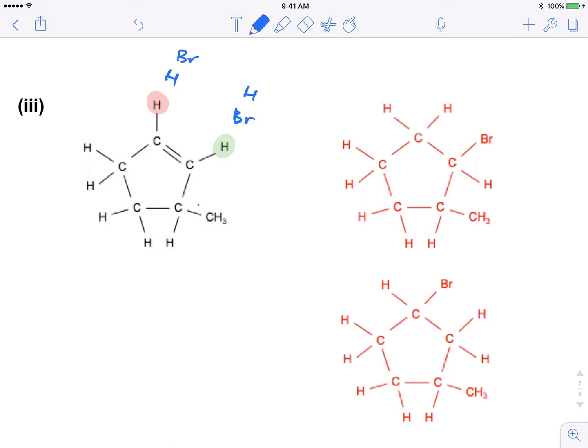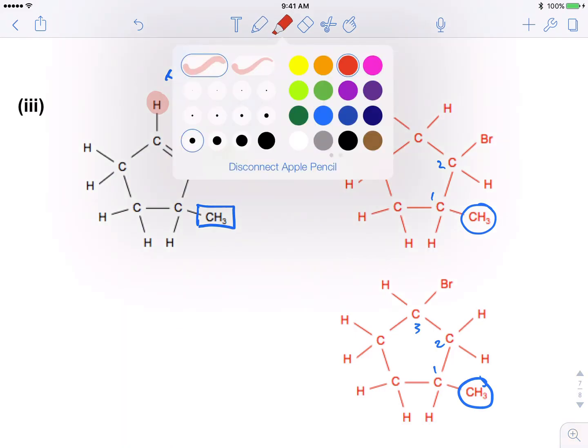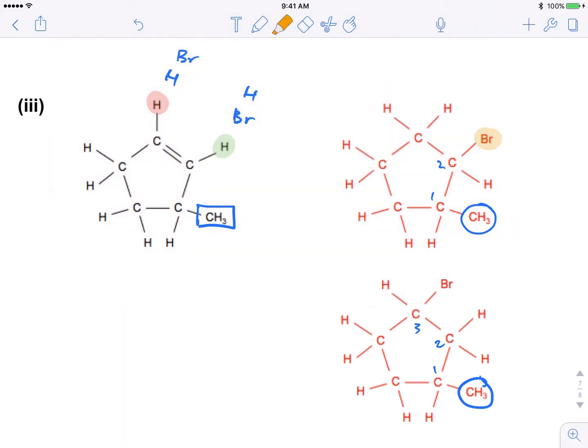Without the existence of this methyl group, actually they will be the same product. But since there's this methyl group, they are not the same. Here, the bromine group is 2 carbons away. Here, it is 3 carbons away. Therefore, they are not the same compound, and we must draw both.